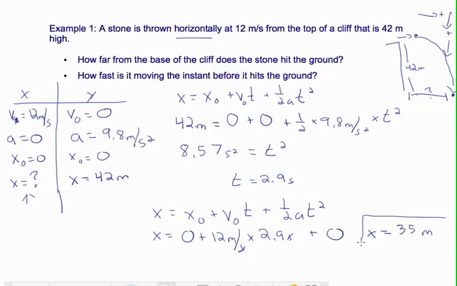When we try to determine how fast it's moving, that is going to be a vector problem, because it's going to have the same velocity in the x direction, this 12 meters per second. But it's going to have sped up in the y direction, and it's going to have two velocities at the end. So we're going to scroll down just a little bit so we have enough room to finish this problem.